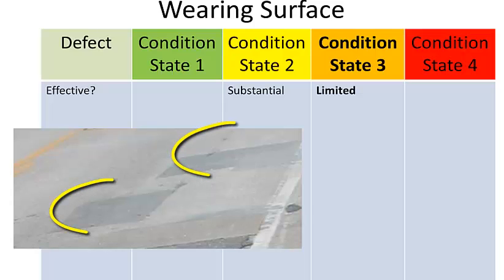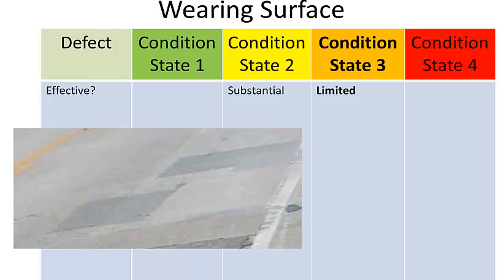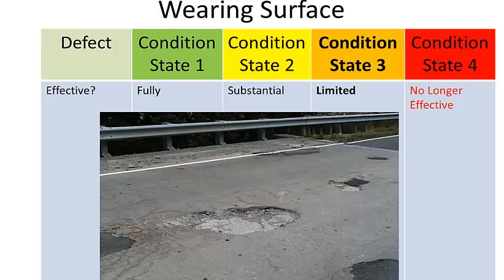Substantially effective is going to be condition state 2, and that's where, say for example, you have a patch and you have now a sound patch. That would be condition state 2. Fully effective, condition state 1, and something that's no longer effective would be condition state 4.